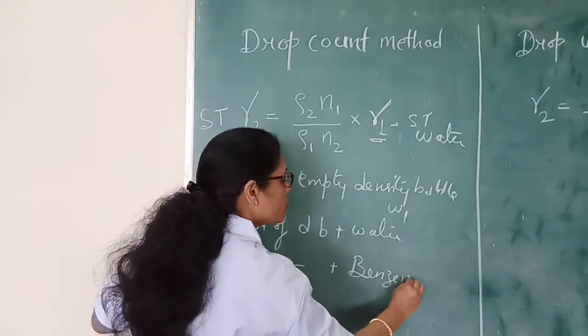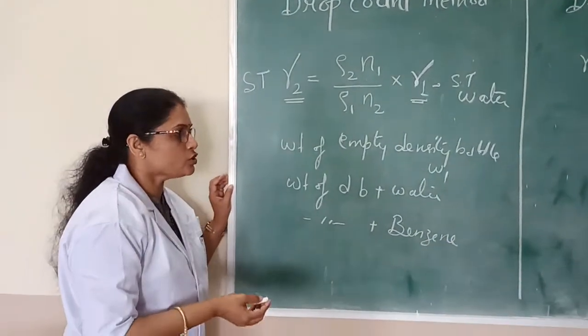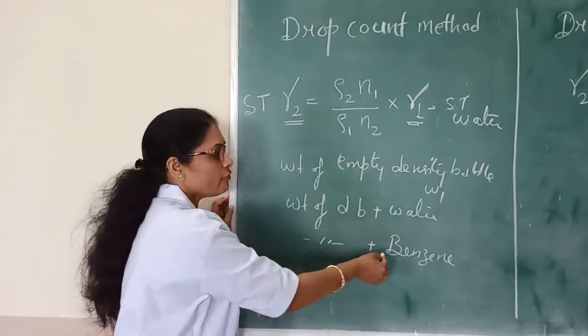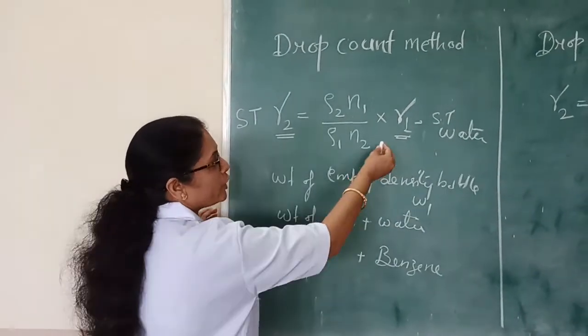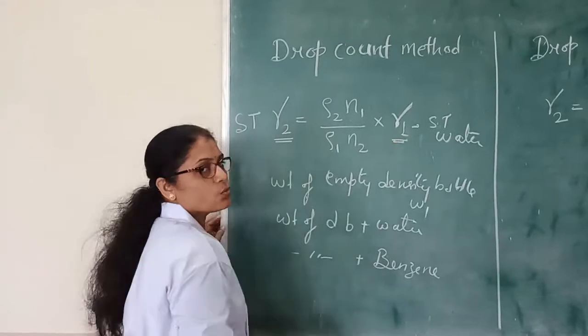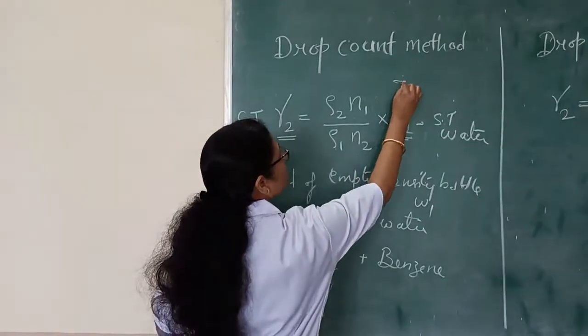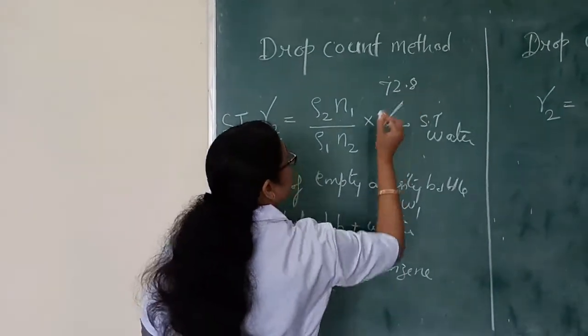So here we are going to determine the surface tension of benzene, and water is taken as a standard liquid. So the value of surface tension of water is 72.8 dynes per centimeter.